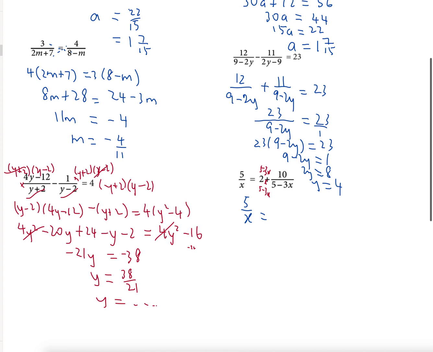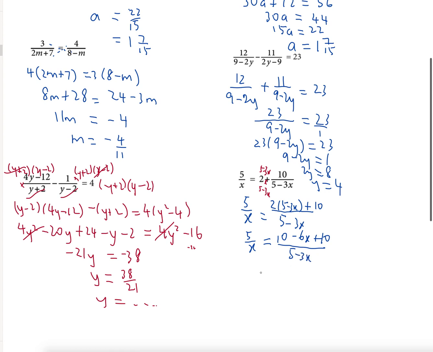So now the denominator is 5 minus 3x, and the numerator is 2 times 5 minus 3x plus 10. Okay, so simplify it. We have 10 minus 6x plus 10 over.